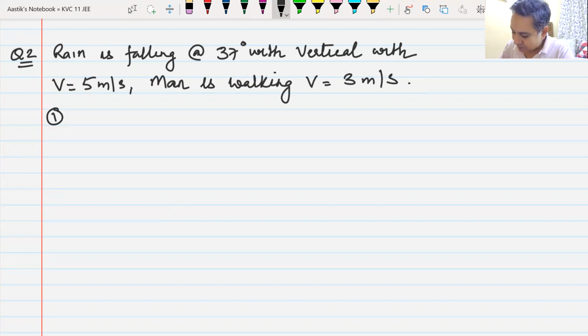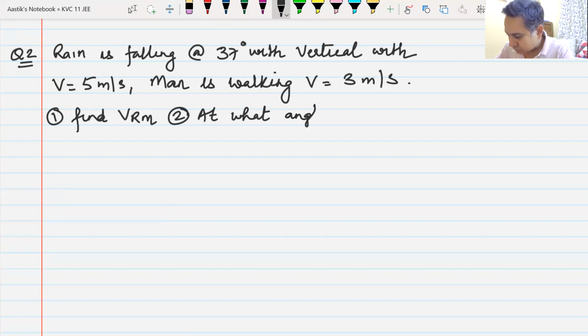You have to find out number one, find the velocity of rain with respect to man. Number two, at what angle he should hold his umbrella to avoid getting wet.